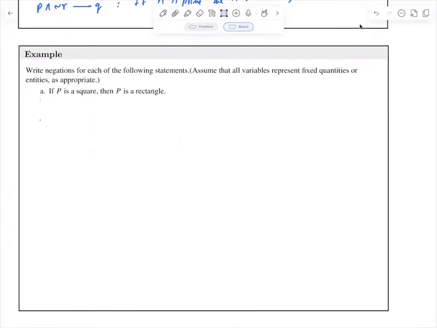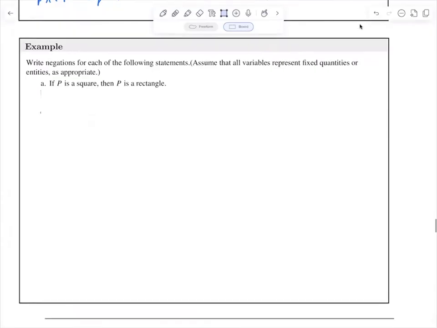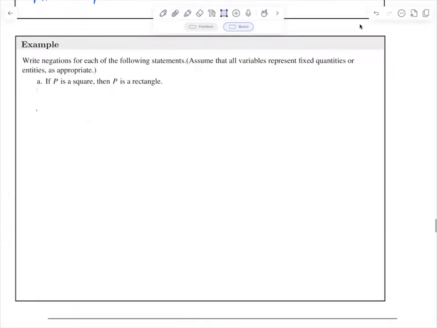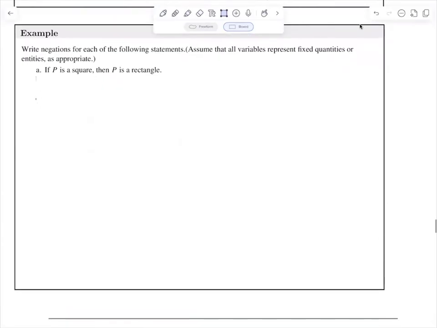We have some more examples and statements, so try to write it in a way that it doesn't overlap with the rest of the statements here. I think this is enough. So let's write down the negation of the first statement.